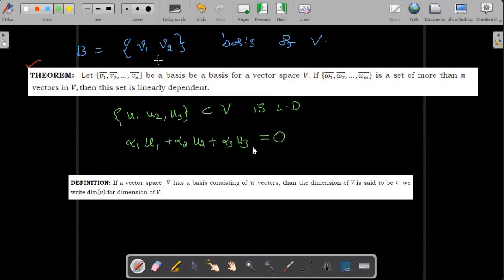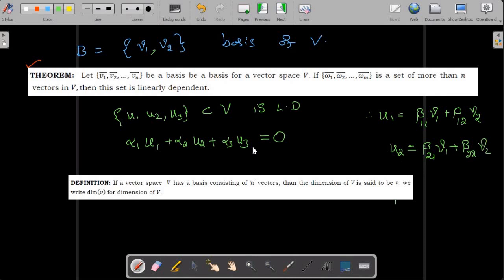Okay, and we know one thing, this v1, v2 gives you a basis of V. Therefore u1 can be written as beta 11 v1 plus beta 12 v2, and u2 can be expressed as beta 21 v1 plus beta 22 v2, because it is a basis set.